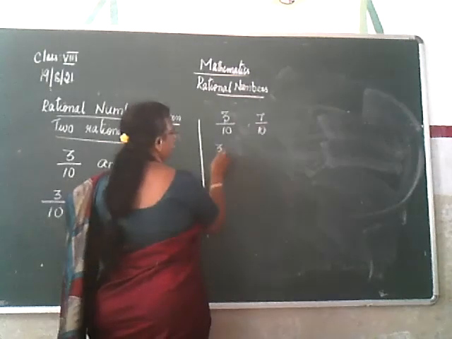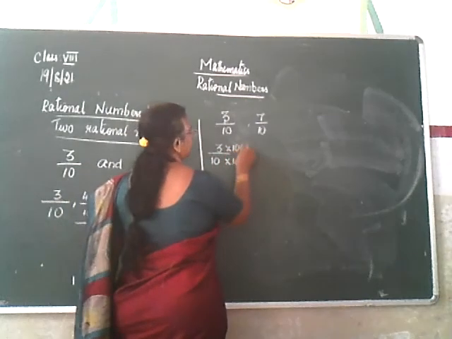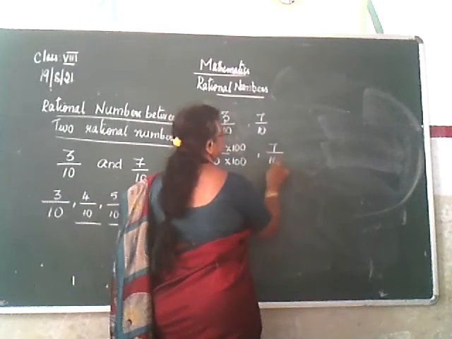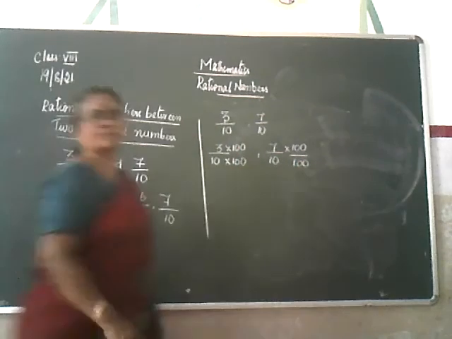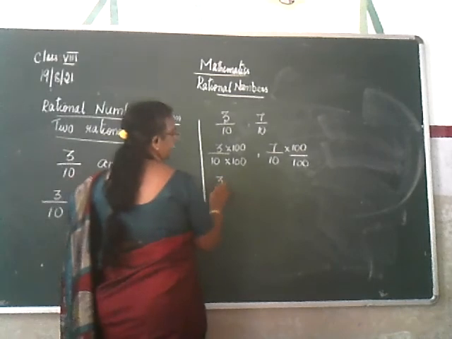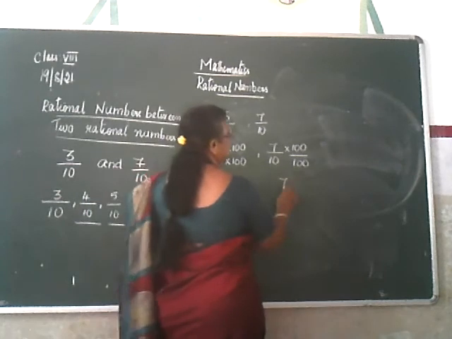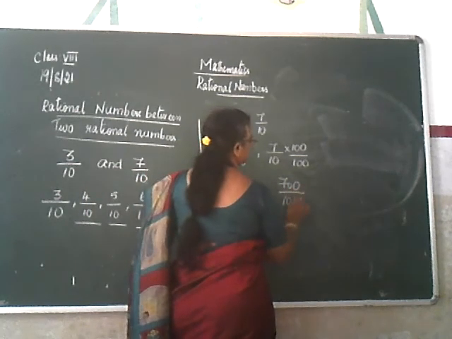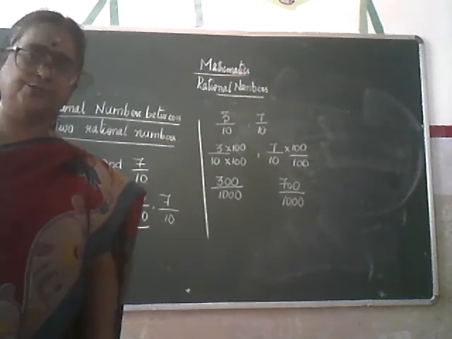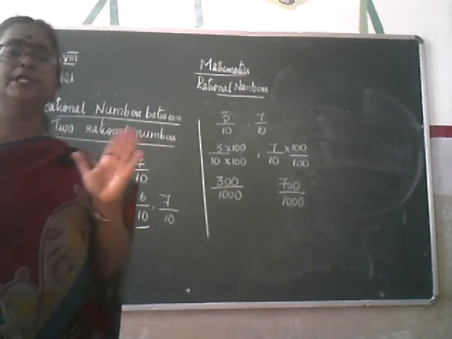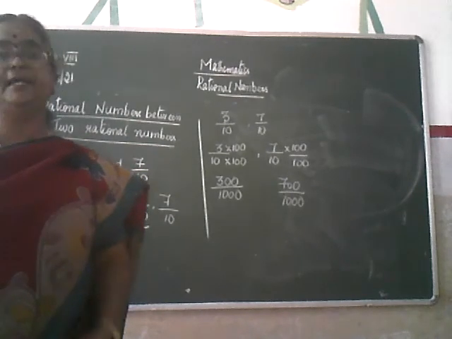See, if I multiply by 100, both numerator and denominator, you get 301 by 1000, 302 by 1000, 303 by 1000, 304 by 1000 up to 699 by 1000.